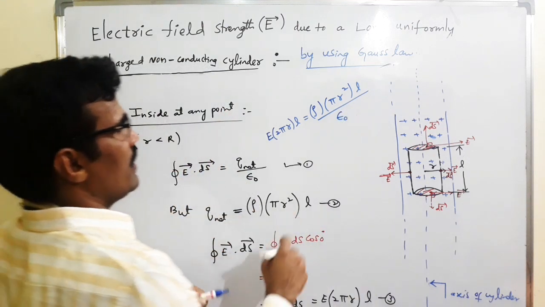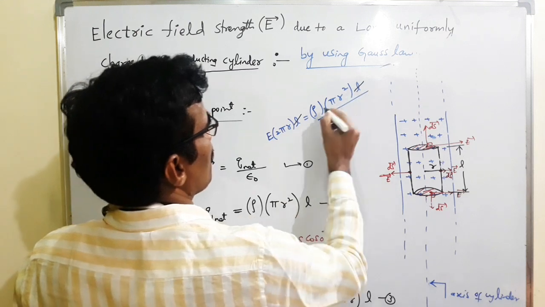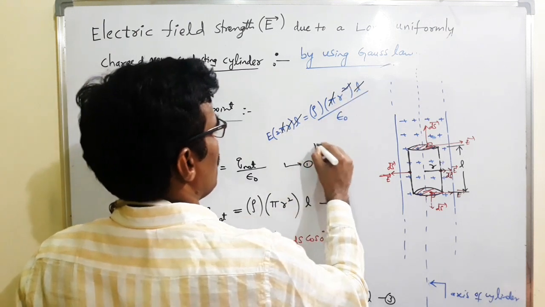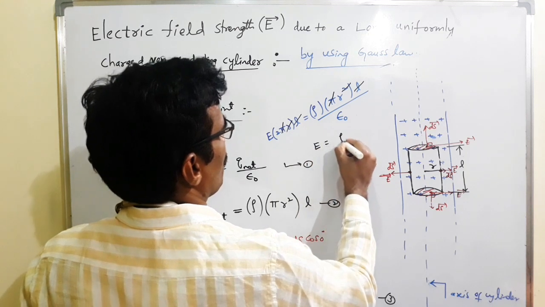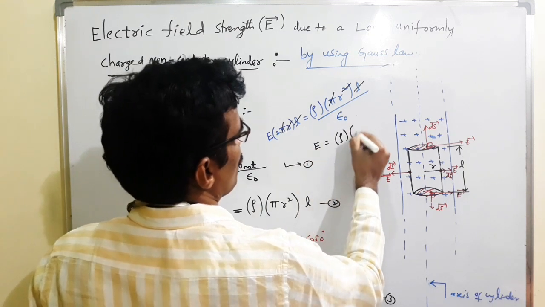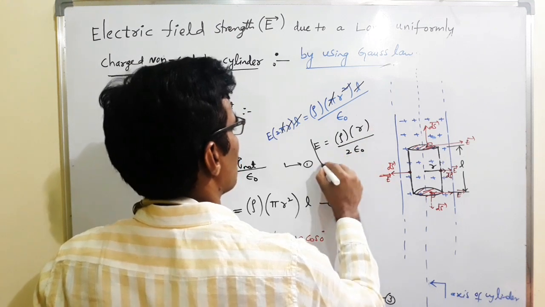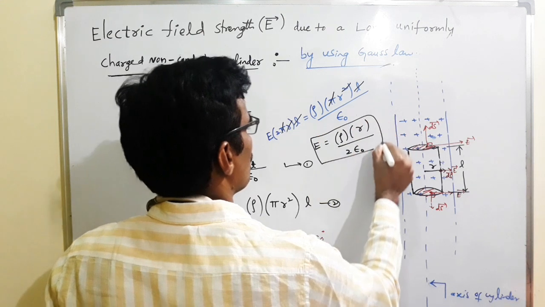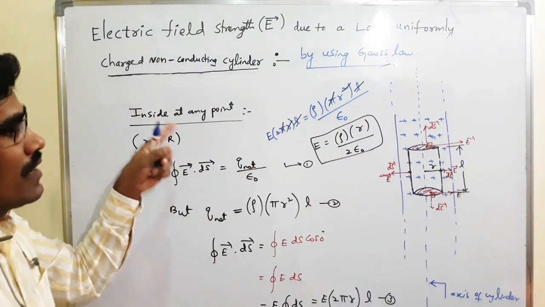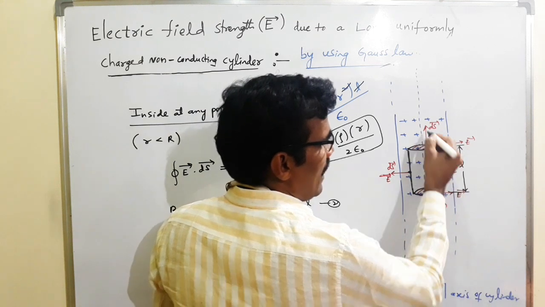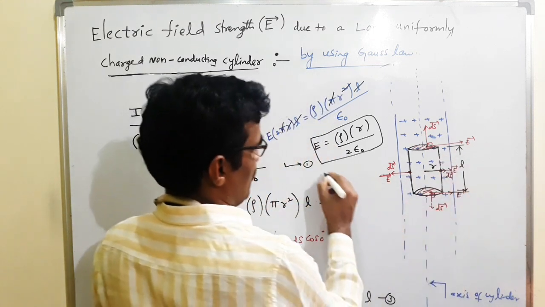L cancels, pi cancels, one r cancels. E is equal to rho into small r by 2 epsilon naught. This is the field due to the non-conducting cylinder at a distance small r from the axis, inside the cylinder.